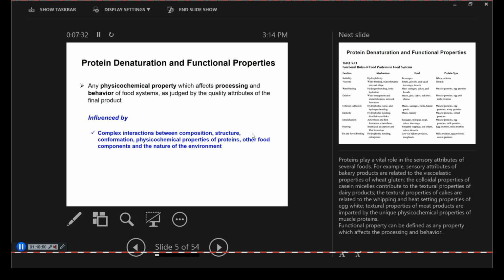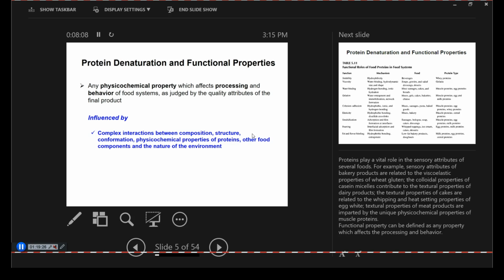Okay, and then functional property is influenced by so many factors. Obviously, it's influenced by the intrinsic factors of the protein: the composition of the amino acids, the sequence that implies structure, tertiary and secondary structure, and conformation. Is it a compact globular protein? Is it an open structure protein? Then the physical chemical properties of the protein, that is surface hydrophobicity and surface charge. And other food components.